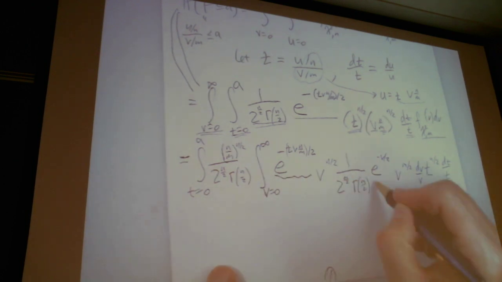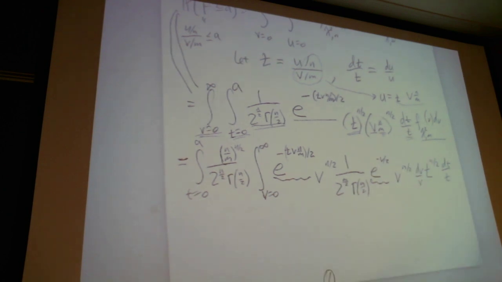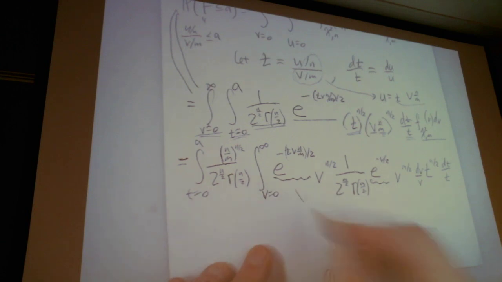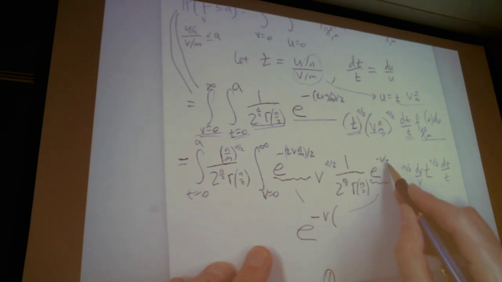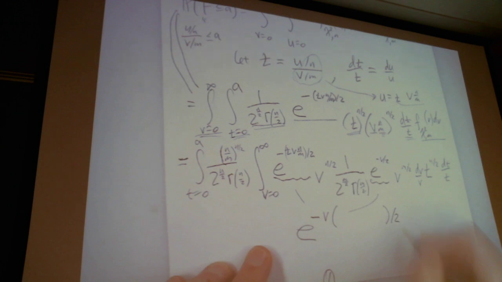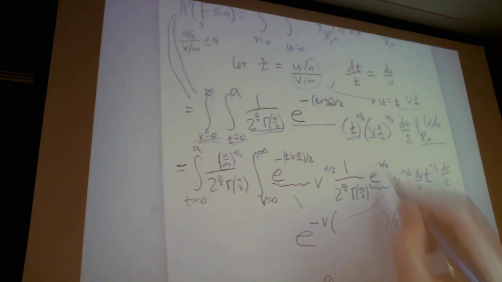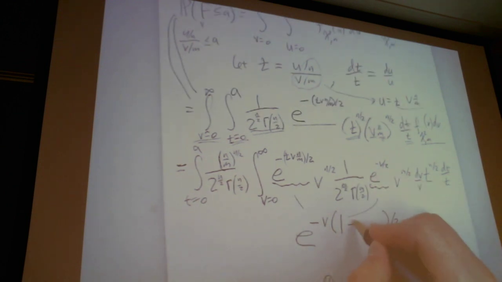So we'll combine the exponential terms. The exponential terms are e to the minus v times something. Here I have a half. Well, there's a half in both places, so let's pull the half out. And so now I've pulled out everything, so I just get a 1. And what do I get? What am I left with here?